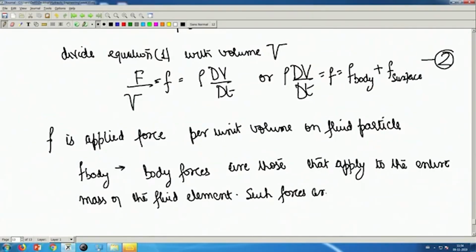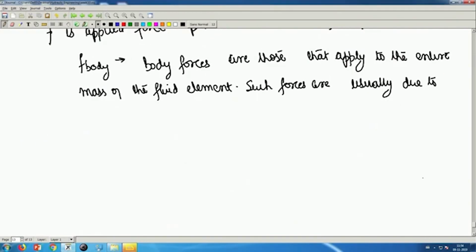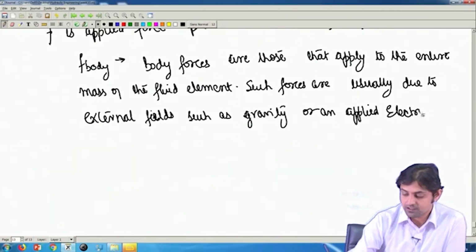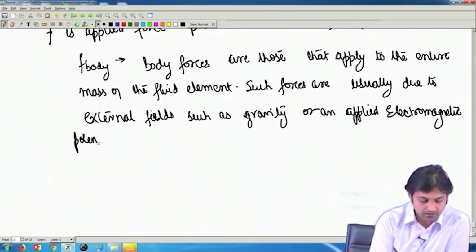Such forces are usually due to external fields, such as gravity or an applied electromagnetic potential.